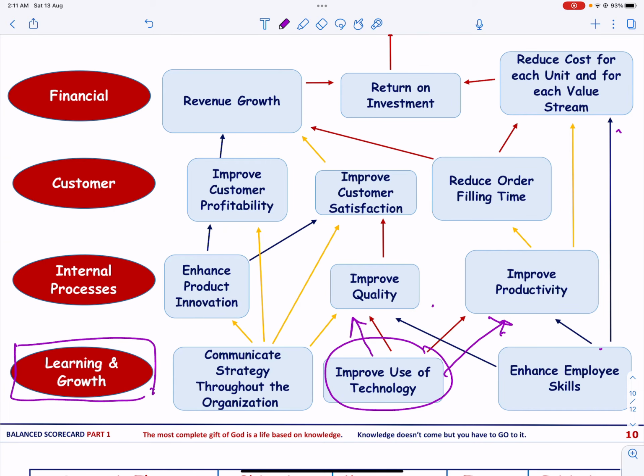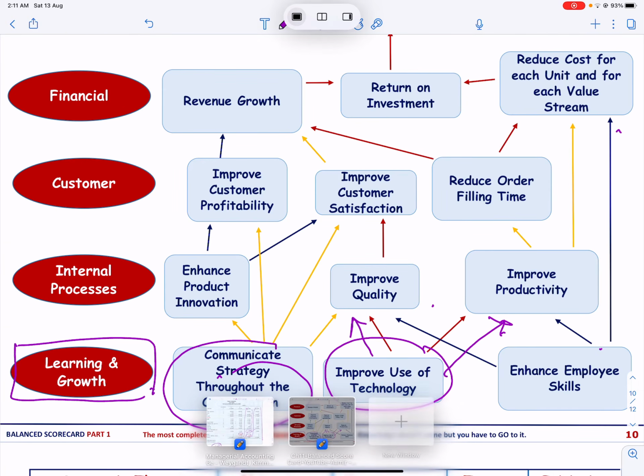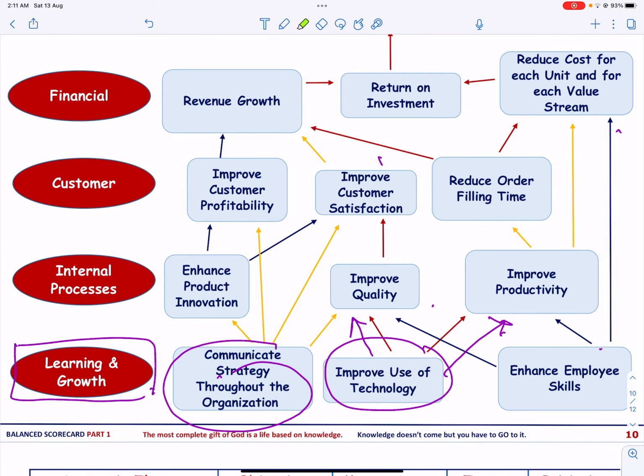If the company is able to communicate strategies throughout the organization and reward the employees, they can improve the quality. The employees can thus improve the customer satisfaction because they know what the customers want.